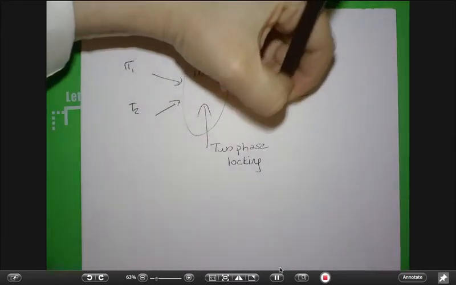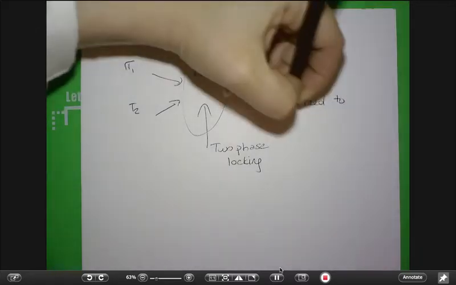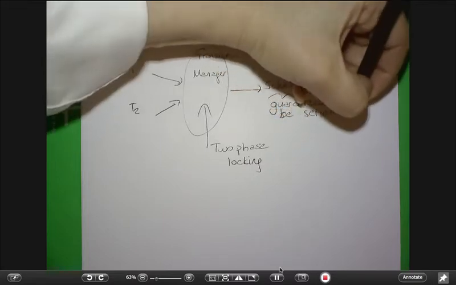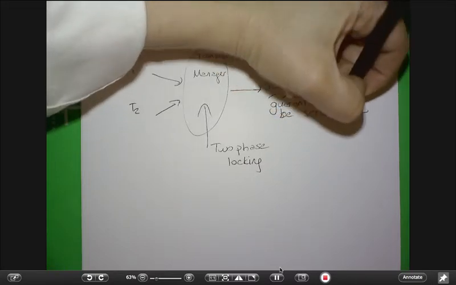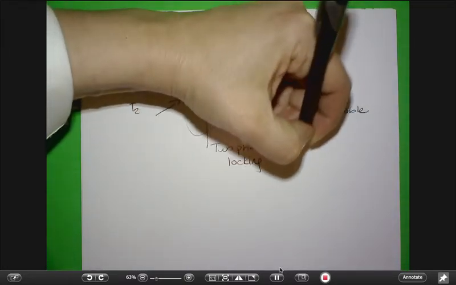So this is guaranteed. Because if it is not serializable, I can tell you that there is no way that it would be produced under strict two-phase locking. So two-phase locking, we generally just use 2PL here.